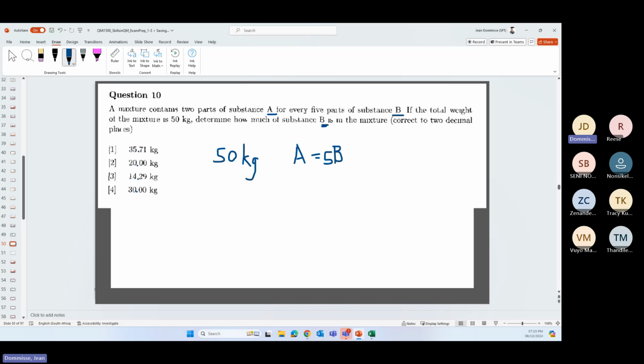Substance A for every 5 parts of substance B. So that means there is 6 parts of it, but then 5 divided by 6 times 50 is not going to be one of those answers.